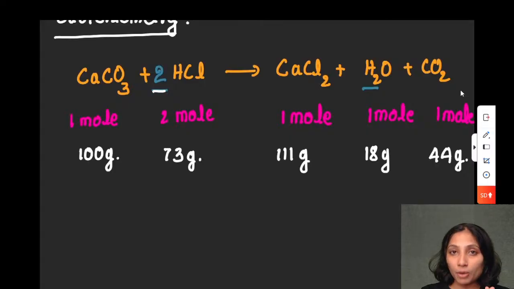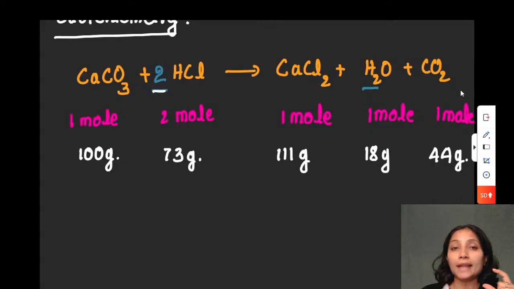Imagine we have only 72 grams, so 1 gram is less. In this case, some amount of CaCO3 remains unreacted.